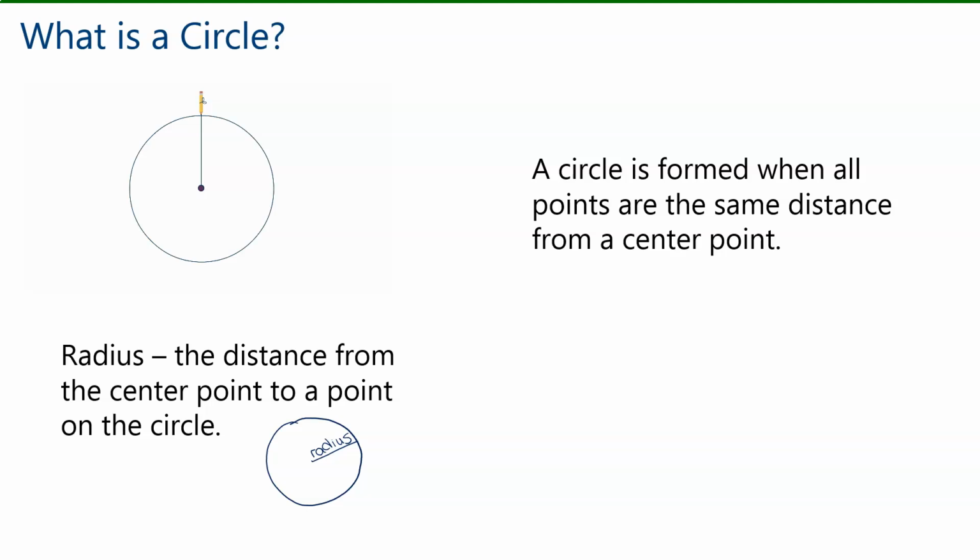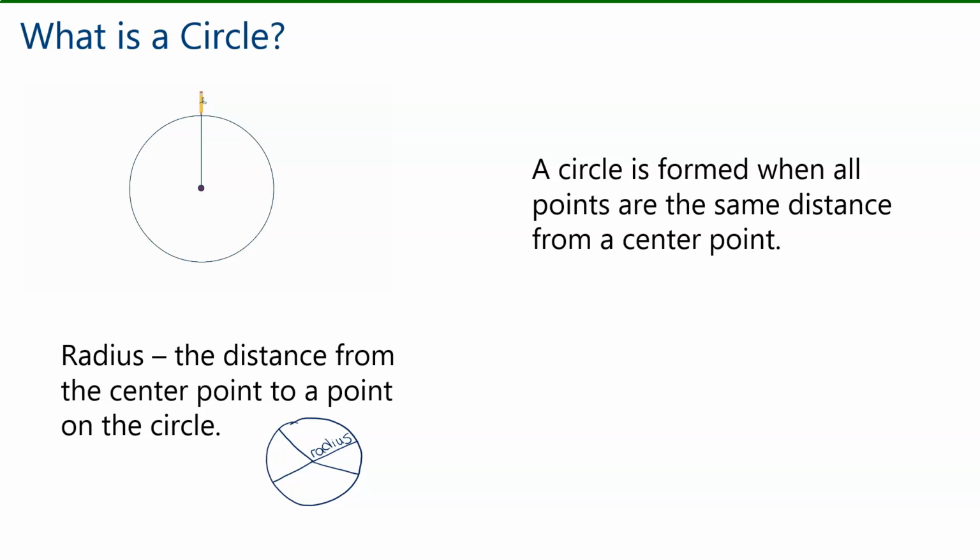It's important to note that there are many radii in a circle. If I drew a line from the center to this point here, that's a radius. Or from here to here. Or here to here. They are all radii. They're all the same distance from the edge of the circle to the center.